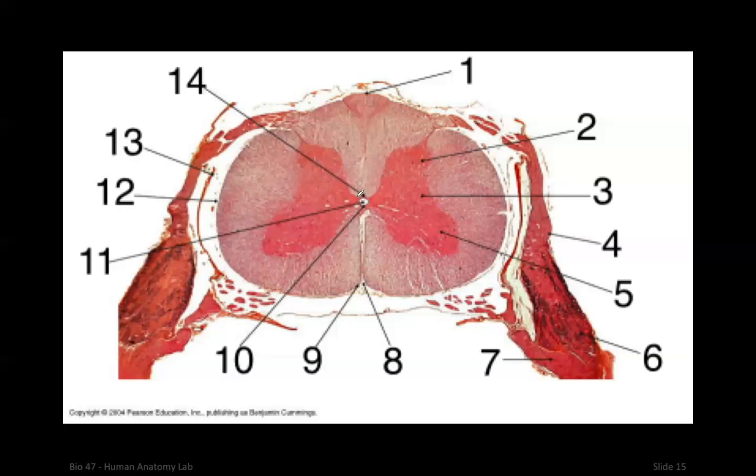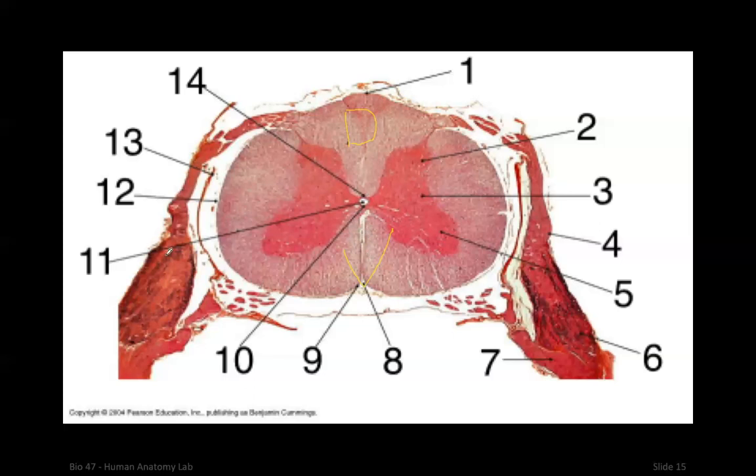So for our purposes, what you need to be able to do is look at the spinal cord and identify ventral from dorsal. One way to do that is by looking for this really big fissure into the spinal cord, and that's always going to be on the ventral side.